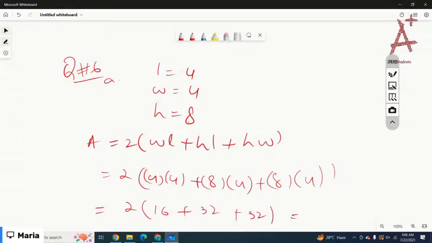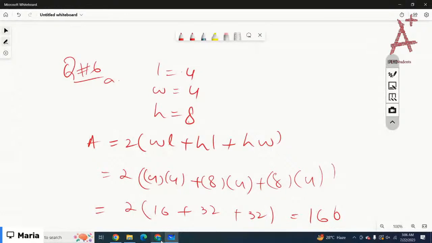So just add them and multiply them by 2. It is 32 plus 32 plus 16, that is 80, and 80 times 2 is 160. So the surface area of the right rectangular prism is 160. Got it?